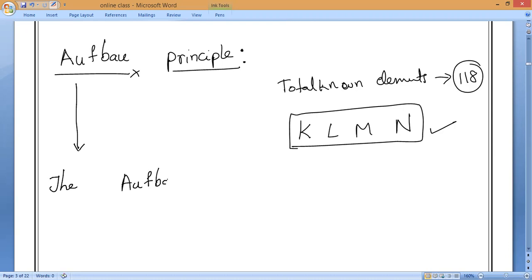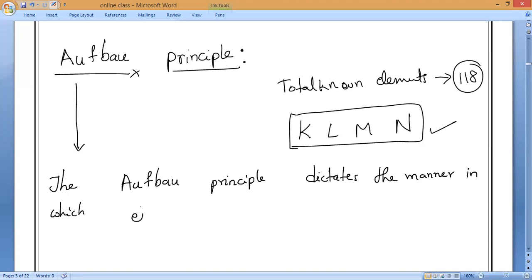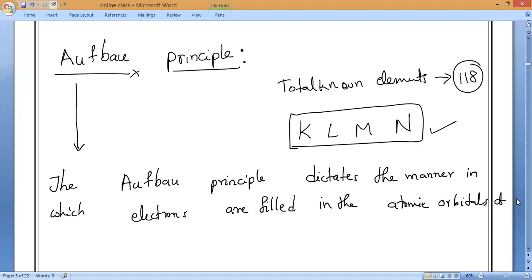The Aufbau principle dictates the manner in which electrons are filled in the atomic orbitals of an atom in its ground state.